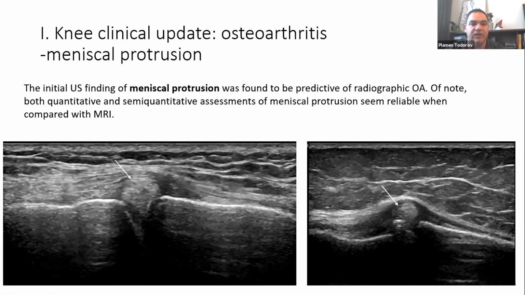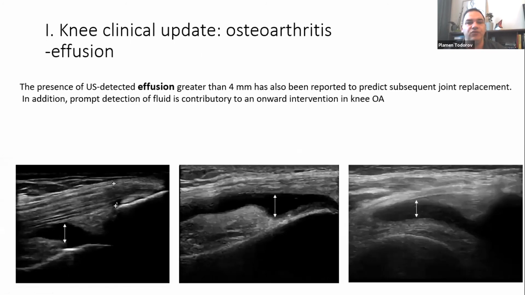And the fourth domain is the effusion in osteoarthritis. The presence of ultrasound-detected effusion greater than 4 millimeters in the patellar recesses, so more than 4 millimeters here, and also in the video, predicts subsequent worsening of osteoarthritis of the knee.